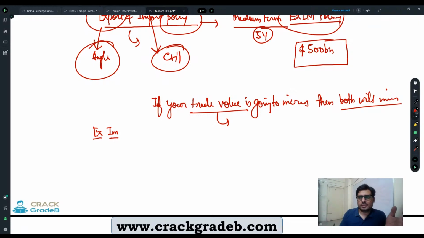For example, you want to make an electric car in India. For an electric car, the batteries need lithium. Lithium is not available in India, so in lithium you cannot be Atmanirbhar, because that is not a natural resource available in your country.